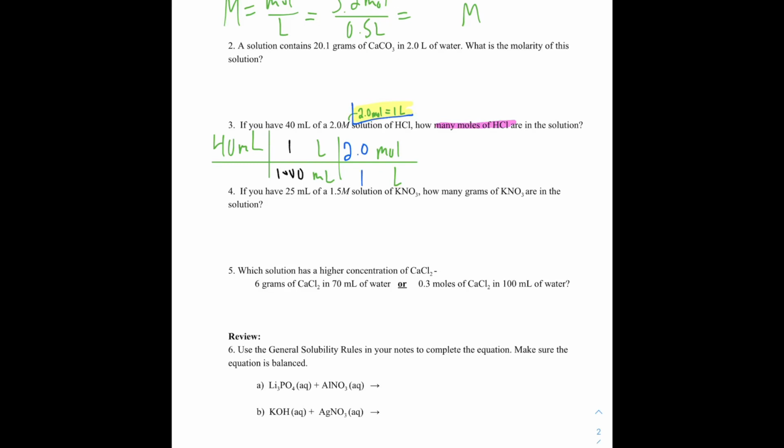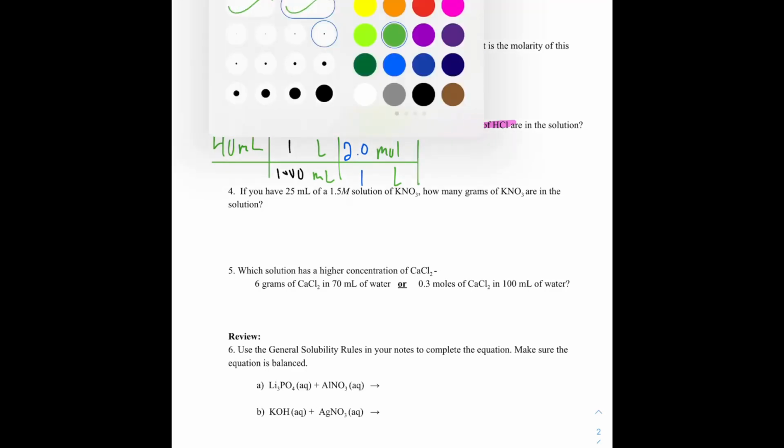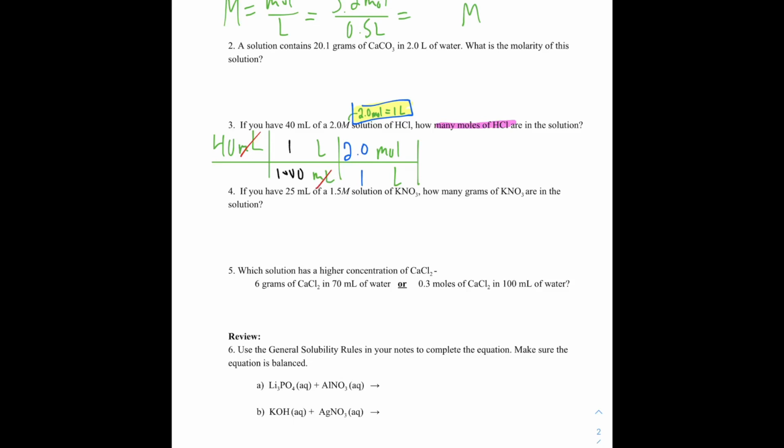That's what this conversion factor is saying. So now canceling out my units, let's just double check. Milliliters cancel, liters cancel. I'm left with units of moles. And from there you can calculate out the number of moles of HCl that would need to be dissolved in 40 milliliters of solution in order to get a 2.0 molar strength solution.